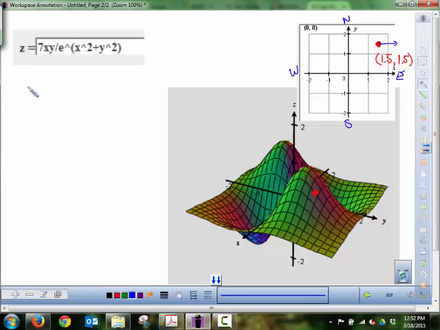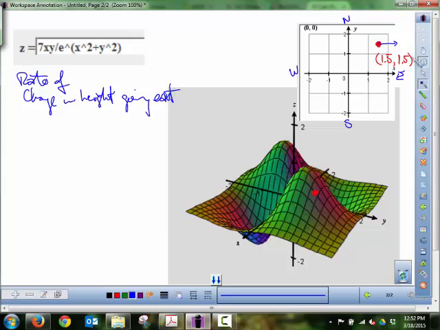So that could be one question. Actually, let's call it the rate of change in height going east. Going east is equivalent to taking the derivative with respect to x.